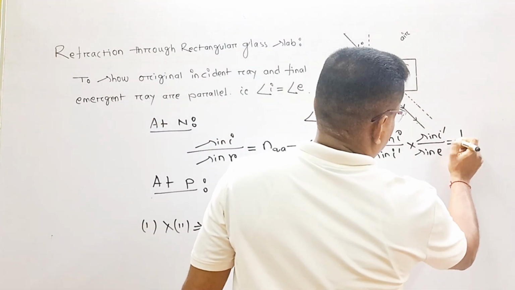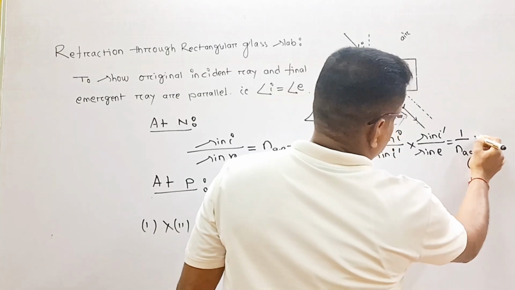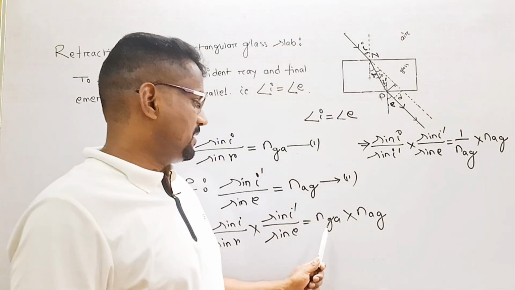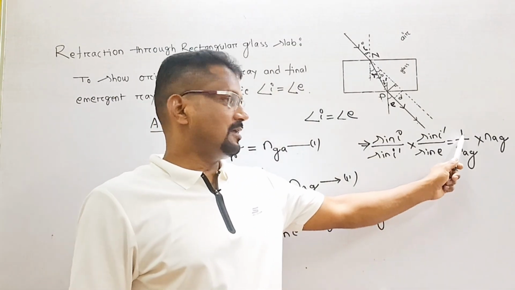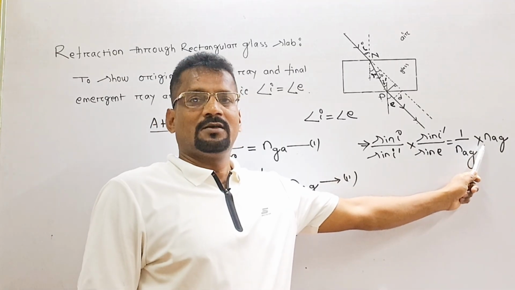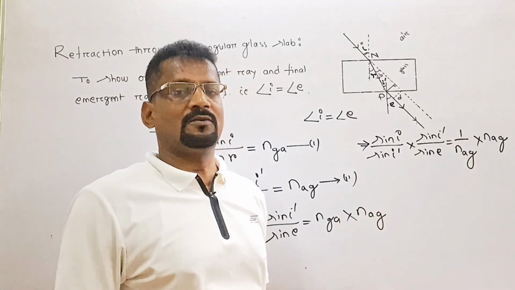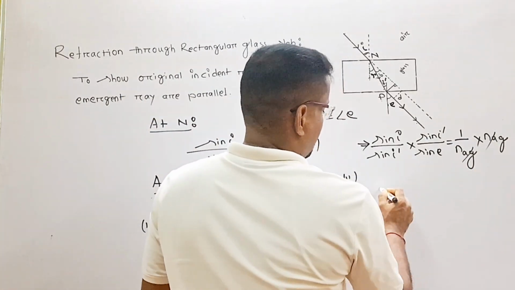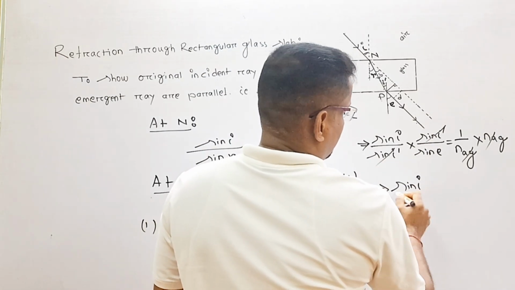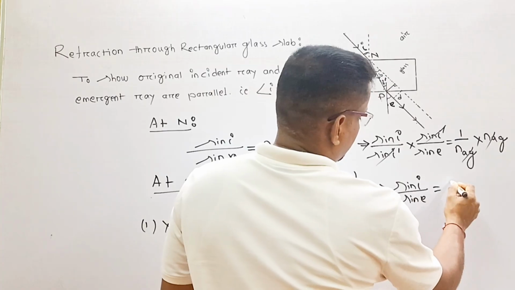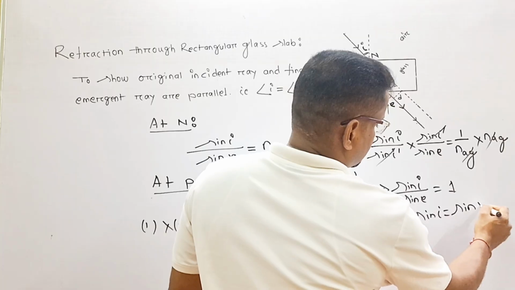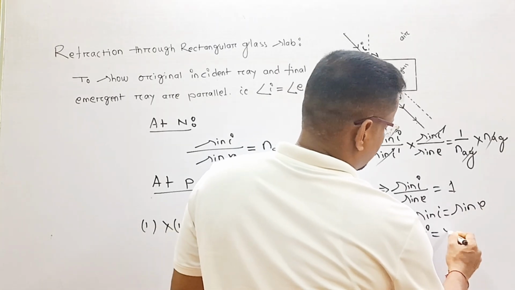So it is 1 over refractive index of air with respect to glass, into refractive index of air with respect to glass as it is. So these two will cancel out, and sin I dash cancels out. So sin I over sin E equal to what? 1. So finally sin I equals sin E, which implies I is equal to E.